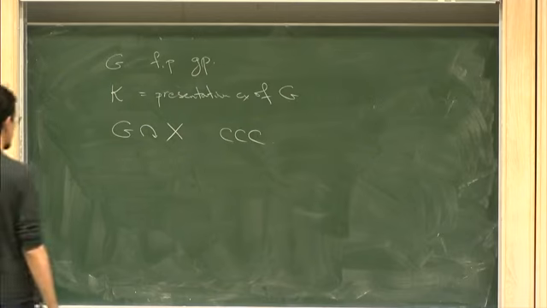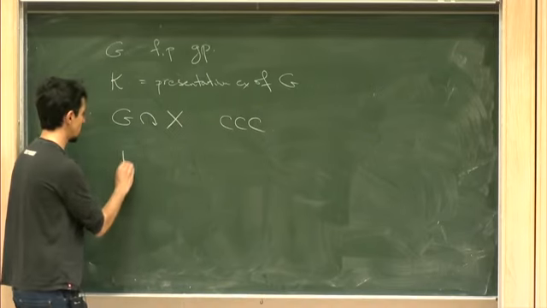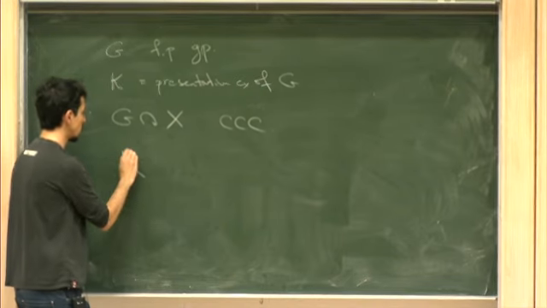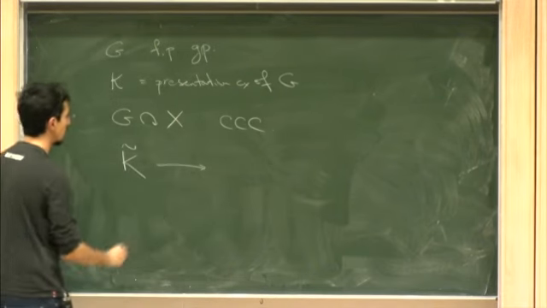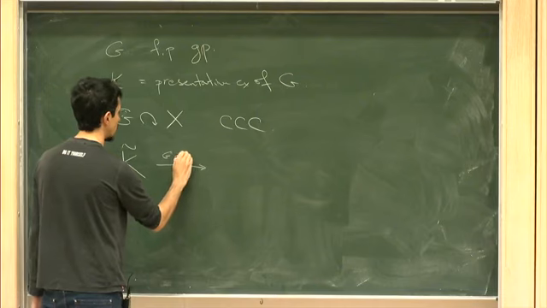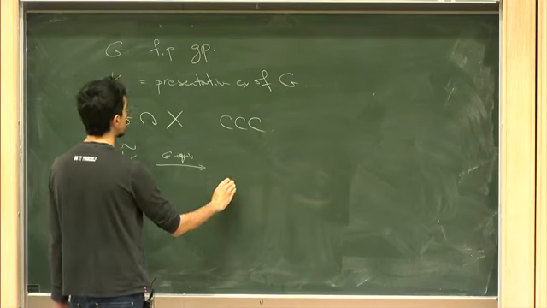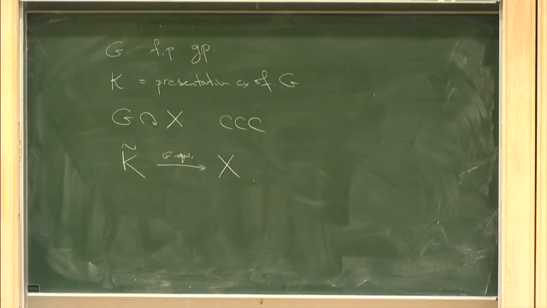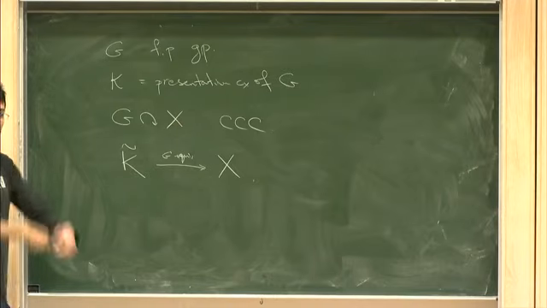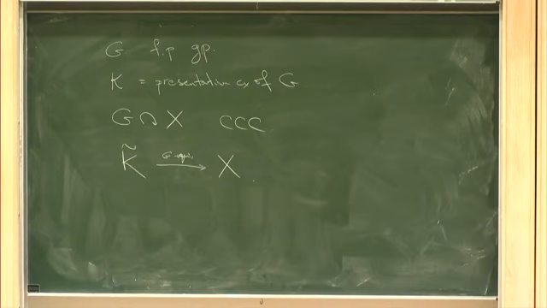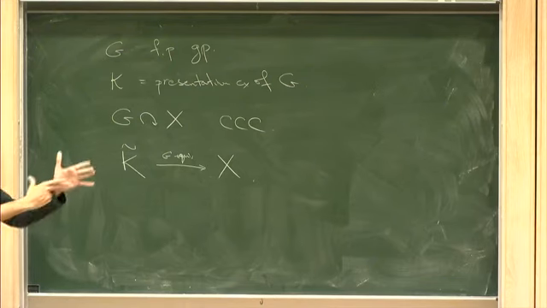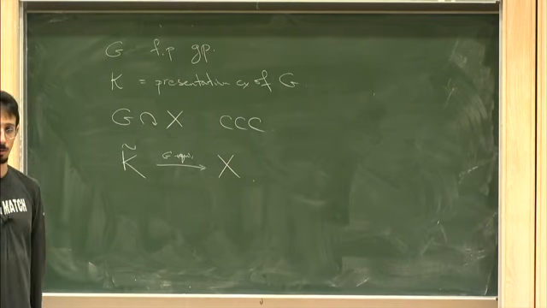The way we do it is we look at the universal cover of K, and we map it G-equivariantly to X. Okay, by mapping each representative of an orbit to something and then extending it G-equivariantly, mapping edges to geodesics, mapping two-simplices to a filling triangle inside the cube complex.